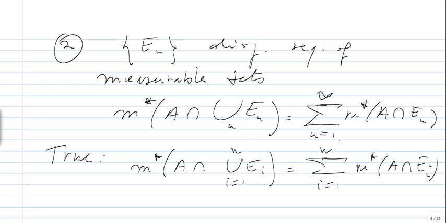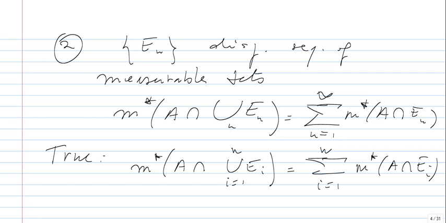This equality is true for finitely many disjoint measurable sets. What we want to do is to go to the limit and prove that in fact it is true when n goes to infinity.